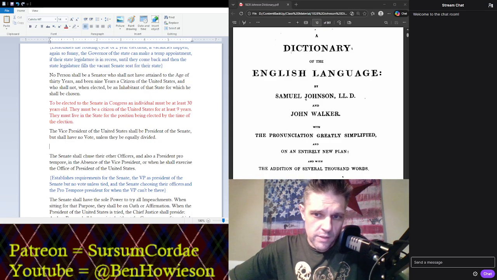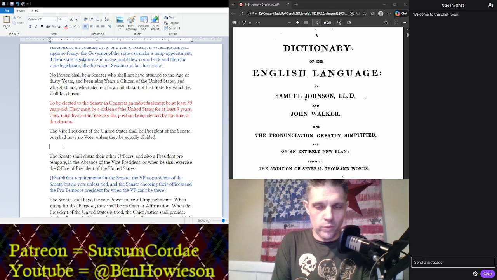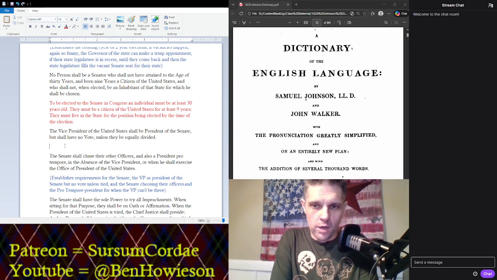The Vice President of the United States shall be President of the Senate, but shall have no vote unless they be equally divided. Another pretty simple one. I like the short ones are definitely the simple ones. It's when they start getting too crazy with the details. Laws are supposed to be written universally and simply so that the judiciary can do their job of determining what has been broken legally or not.